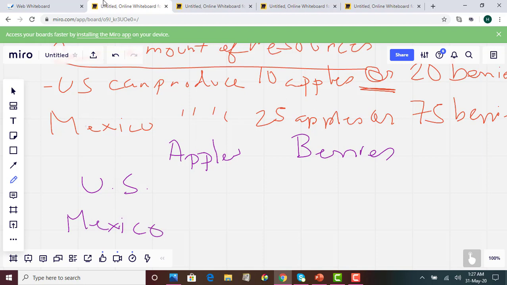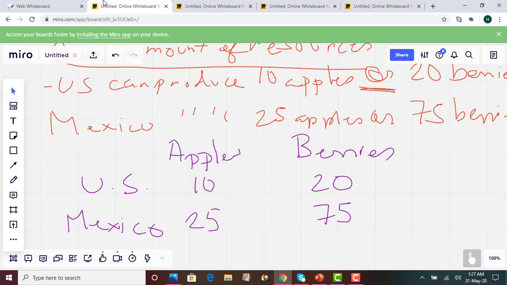Okay, so let's first look at the US. US can either produce 10 apples or 20 berries. Because resources are limited, they cannot do both. We cannot choose all the options. We have to make choices. On the other hand, Mexico can produce, with the same amount of resources, 25 apples or 75 berries.